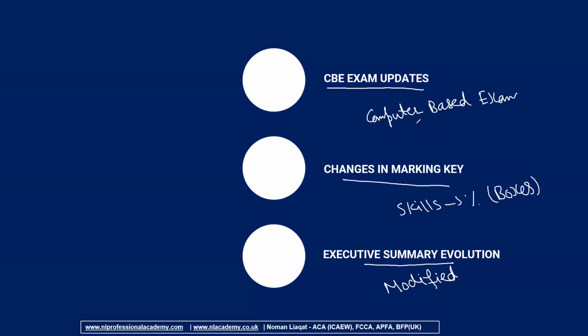An examiner already knows that in the executive summary, students can take something from the major requirement and copy and paste it. No, this is not allowed. This will not be the executive summary and will not be marked. So the executive summary has evolved, and you need to keep yourself updated with it.